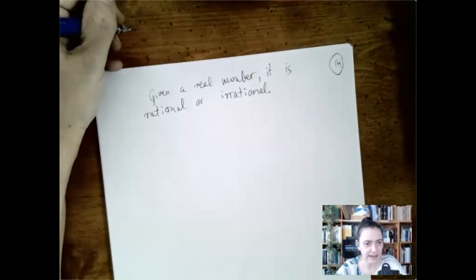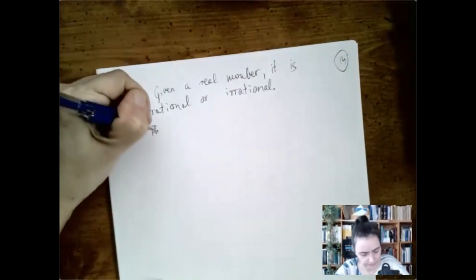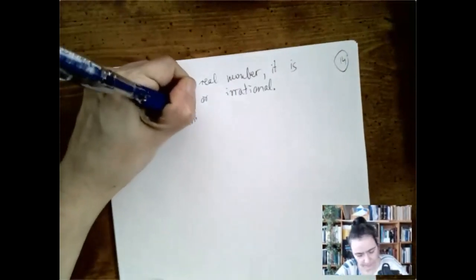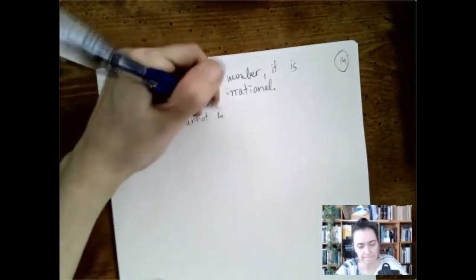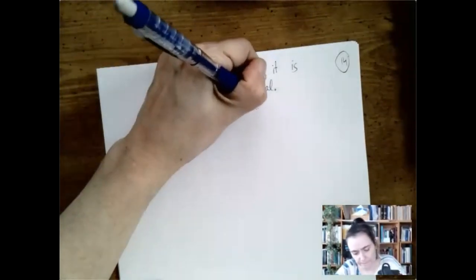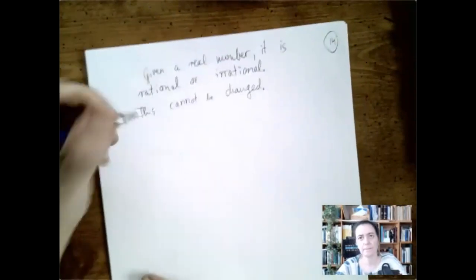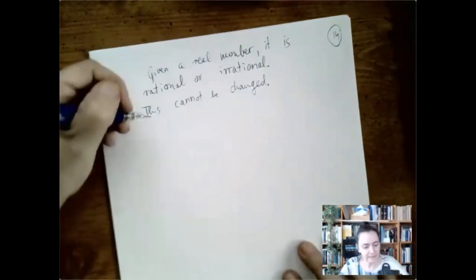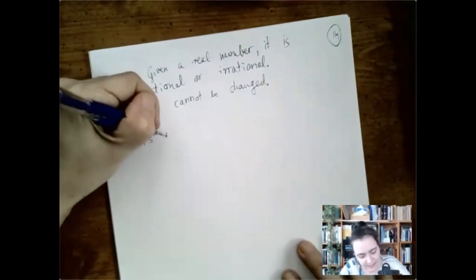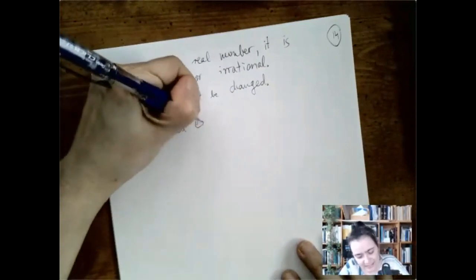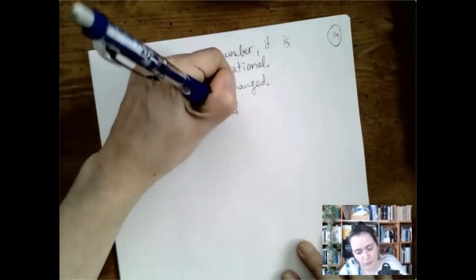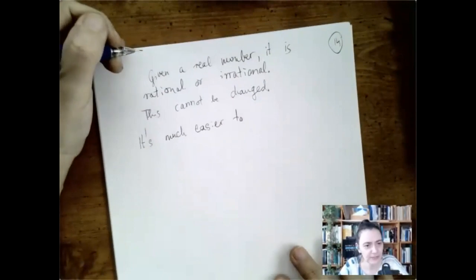This fact cannot be changed. But it's much easier to prove that the number is rational than to prove that it's irrational.